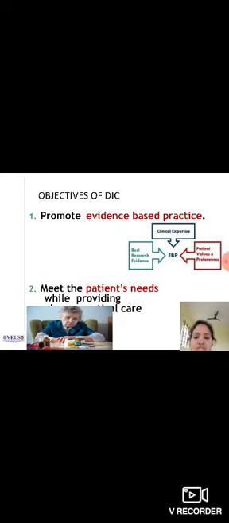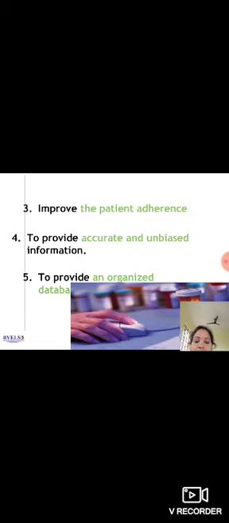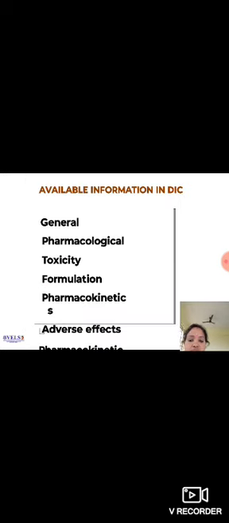The objectives of the drug information center are to promote evidence-based practice and meet the patient's needs while providing care, improve patient adherence, provide accurate and unbiased information, and provide an organized database.